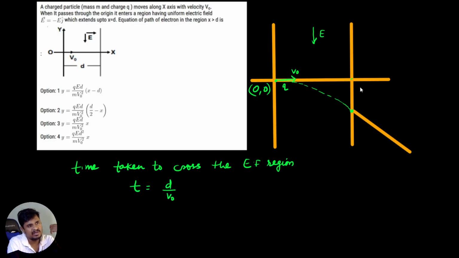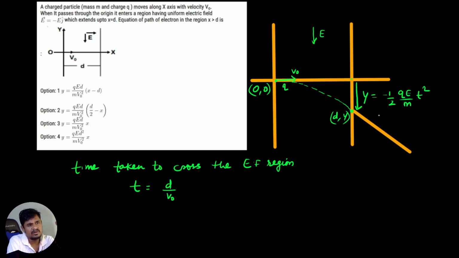In this time t, it will travel some vertical distance. The initial speed in the vertical direction is 0. So this point will have the coordinate d, comma y, and I will calculate the value of y. y will be minus half times qE by m, that's the acceleration, into t square.